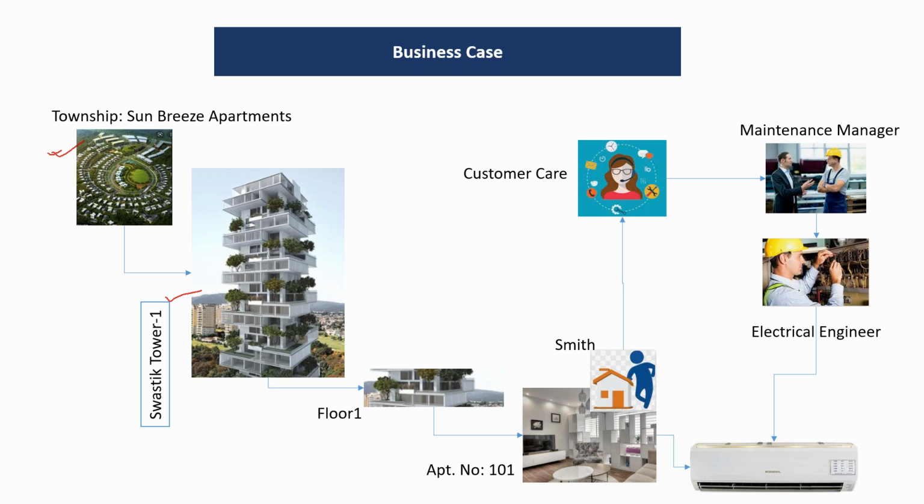So at an initial level, how do we understand this in plant maintenance master data? This township, then the tower, then the floor, then the apartment, these are all my functional locations. The township is one location, under that Swastik Tower 1 is my building, under that floor 1 is another floor, and under the floor we have apartments, and these apartments will have individual equipment.